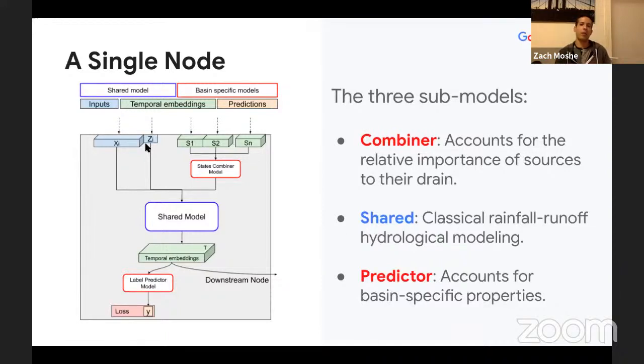So I don't tell the model for every basin, you have 3 children. I do build a graph so it knows that it has 3 children, but I don't tell it something like the child number 1 is 100 kilometers apart, and child number 2 is only 10 kilometers from you, and child number 3 is 500 kilometers. I do expect the combiner to learn this.